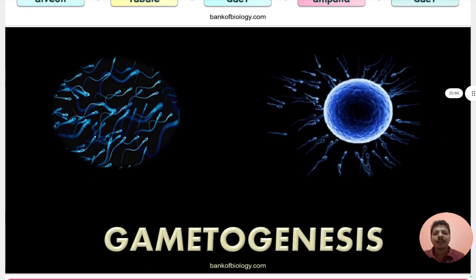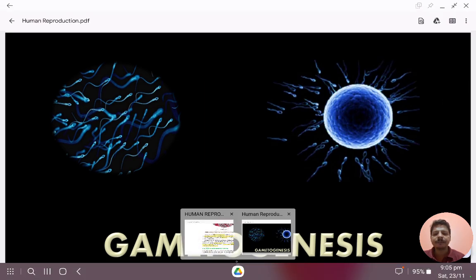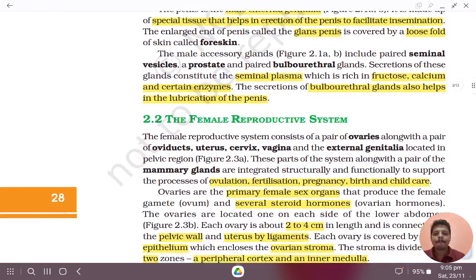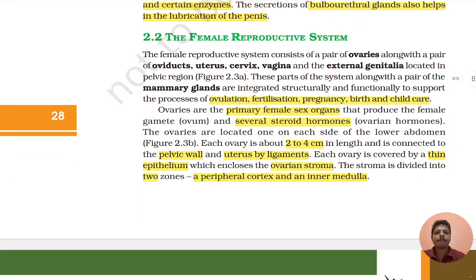Next is gametogenesis. Before starting this, let's see what your NCERT says. The female reproductive system consists of a pair of ovaries along with a pair of oviducts, uterus, cervix, vagina, and external genitalia located in the pelvic region.